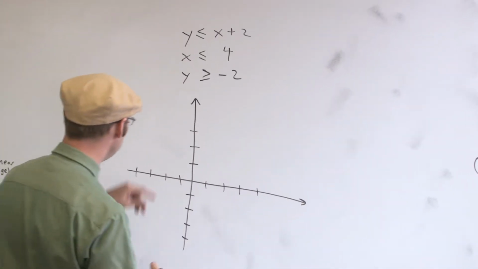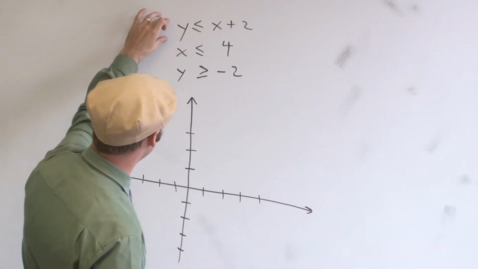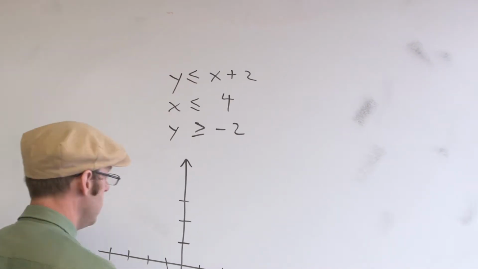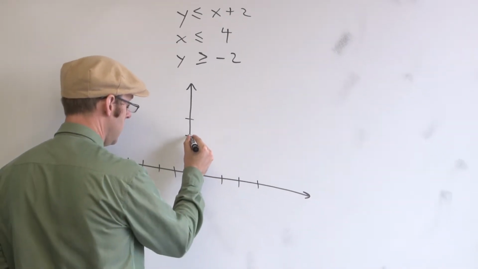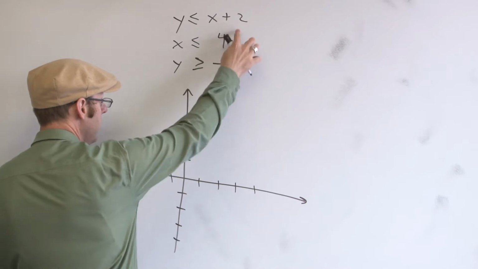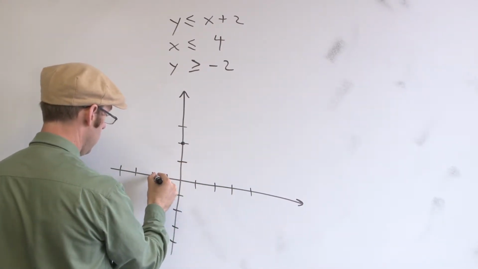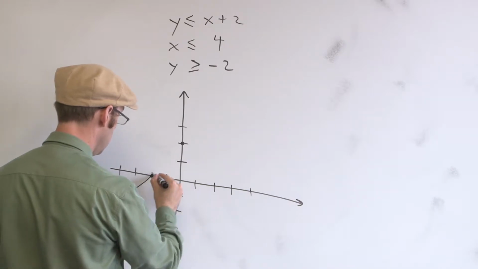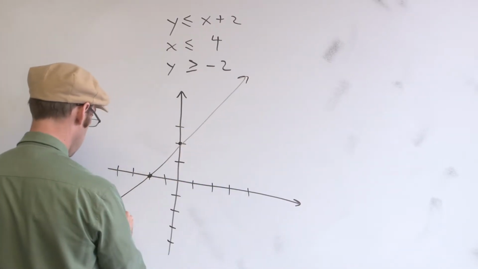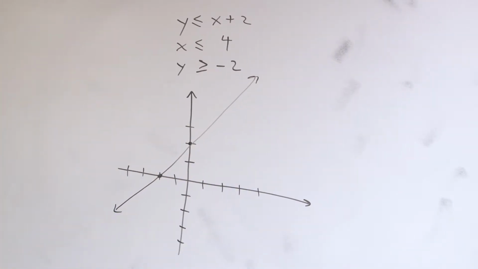So if I've got this guy, I'm just going to graph the line y equals x plus 2. It's got a y-intercept of 2 and a slope of 1. So that's that line.